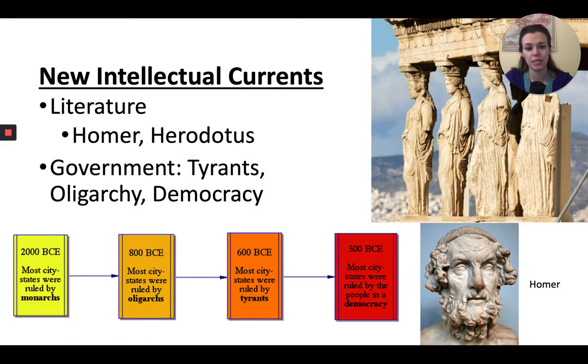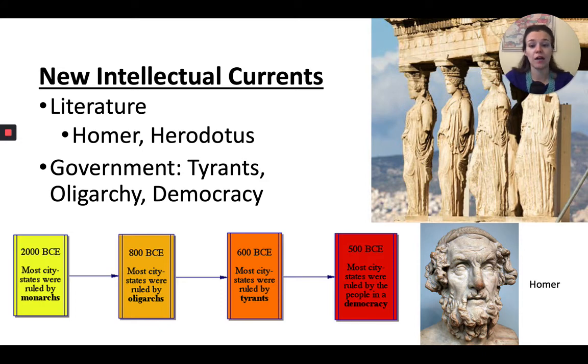That's pretty neat. All right, so we also see some new trends in intellectual and government systems. These trends are going to include things like literature. You got Homer writing the Odyssey and the Iliad, these epic poems.